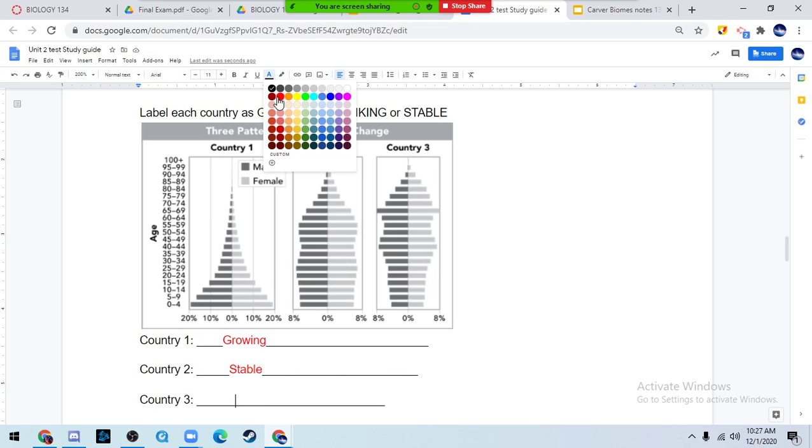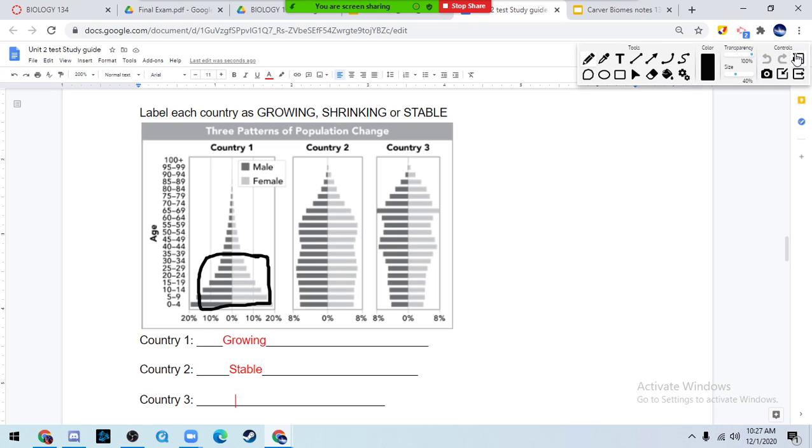Right. And then country 3. Now this one we're going to talk a little bit about. This is something that students struggle with. So for country 3, up here towards the top, these bars are much larger than the rest of the graph, indicating that this population has a very high amount of older individuals, your grandmas, your grandpas, people that are in their 40s, 50s, 60s, or 70s. So those individuals are not having children.